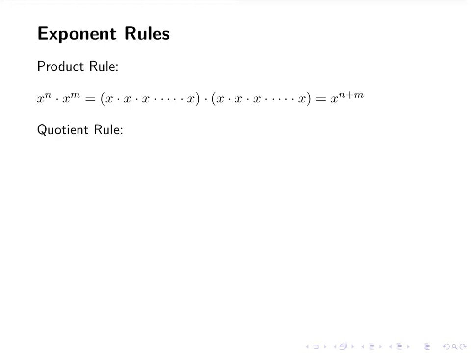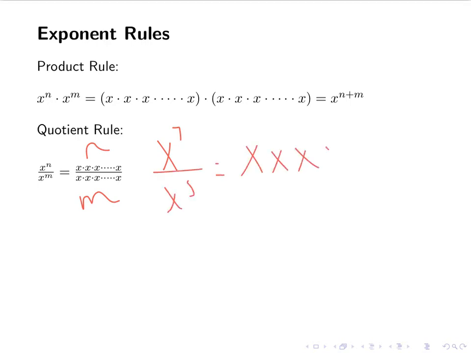The next one is the quotient rule. So I have x to the n divided by x to the m. And again, I'm going to have n x's on top and m x's on the bottom. So a bunch of these x's are going to cancel out. And what it equals depends on which number is bigger, n or m. So if I have something like x to the 7th over x cubed, I have 7 x's on the top.